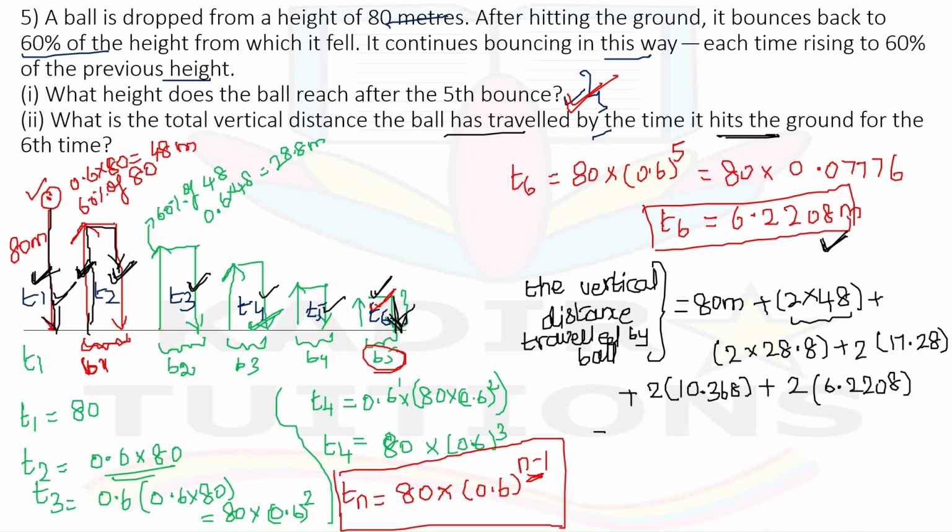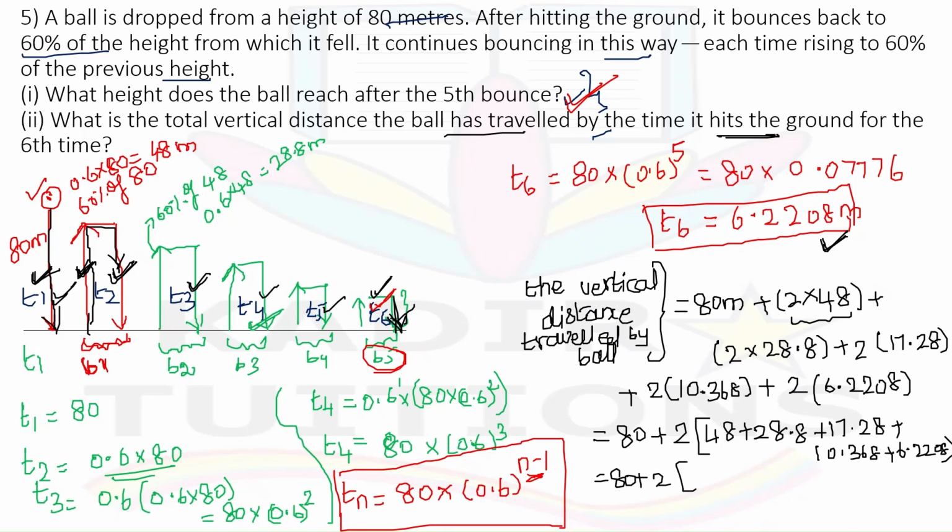So over here we can keep the 80 as such, and for all the remaining terms we have 2 common, right? So I can take 2 outside, then we add the remaining: 48 plus 28.8 plus 17.28 plus 10.368 plus 6.2208. So it will be an easy calculation. I'm adding all those, and we will get 110.6688.